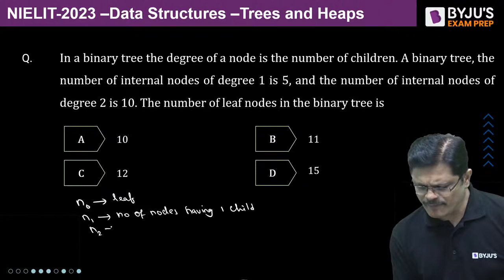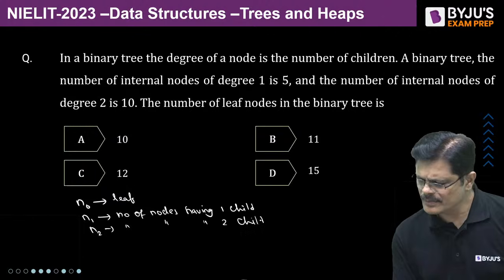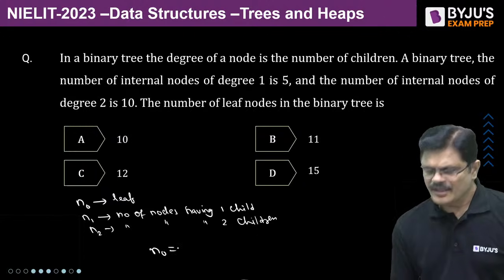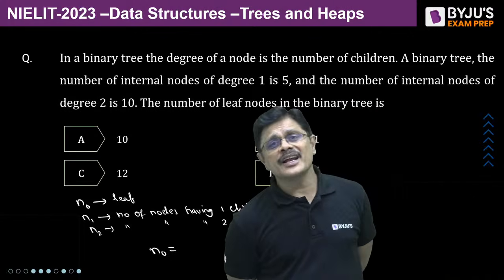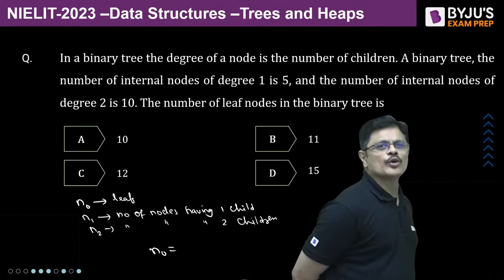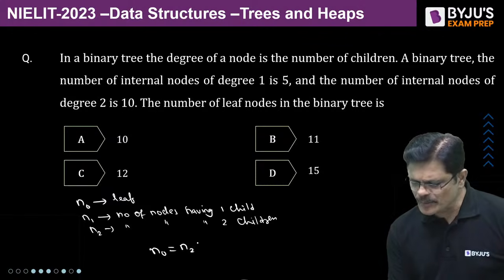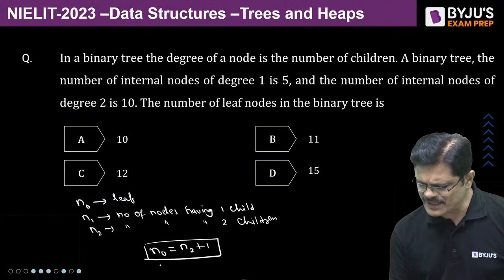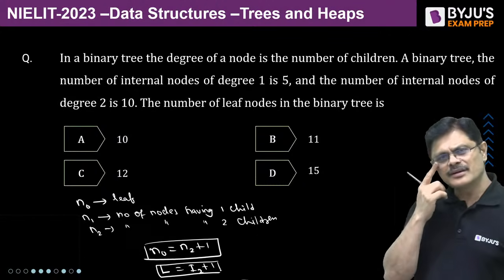These are number of nodes having 2 children. So we have a beautiful relation between the number of leaf nodes and the number of internal nodes of degree 2, and that is n2 plus 1. As someone is mentioning, leaf nodes equal internal nodes of degree 2 plus 1, like that also you can write.